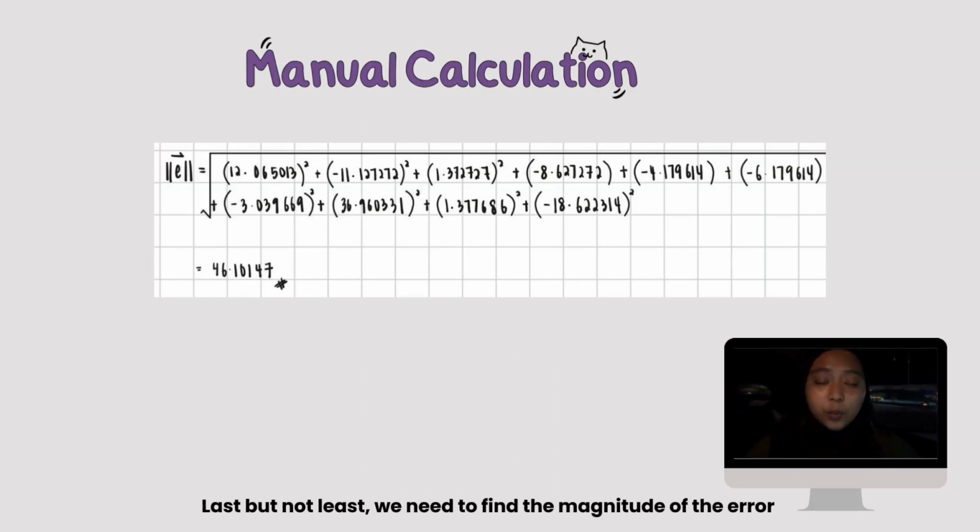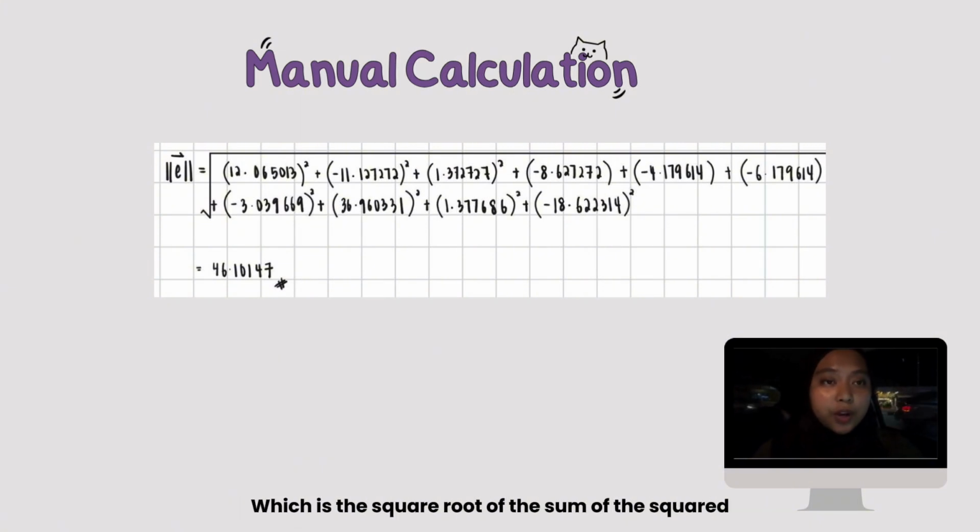Last but not least, we need to find the magnitude of the error, which is the square root of the sum of squares.